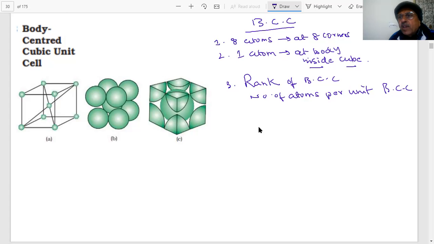So if we want to calculate that, students, what is the contribution of eight atoms at eight corners? 1 by 8 into 8, how much is that? 1.